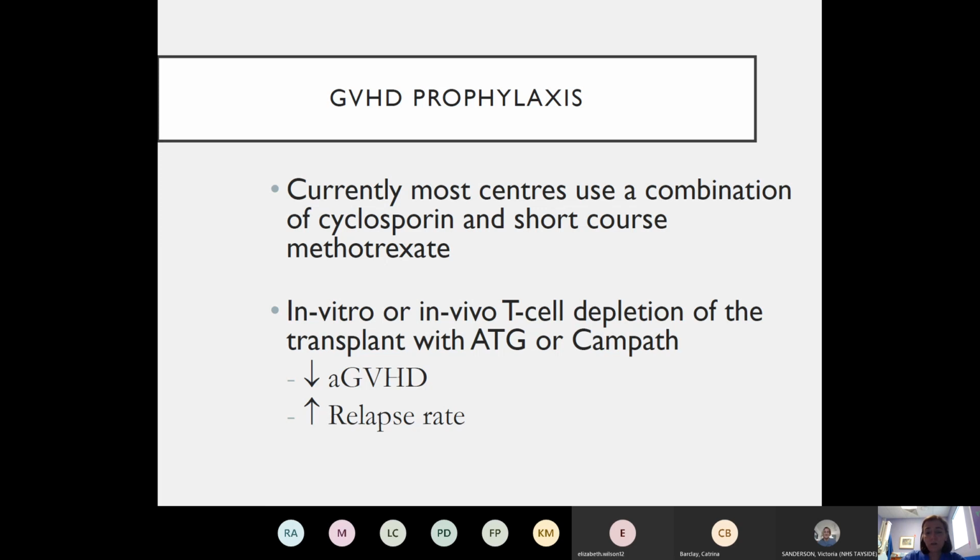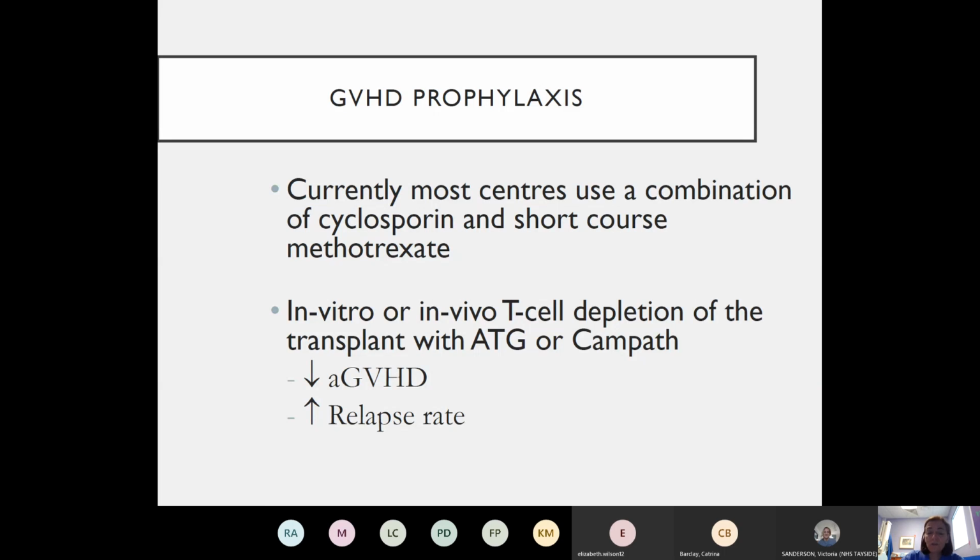So that's the difference between in vivo and in vitro depletion. In vitro GVHD prophylaxis might mean that we remove some of the T cells before infusion. So we can decide that if we're using peripheral blood stem cells to just give the fraction containing the CD34 cells and not give the lymphocytes.